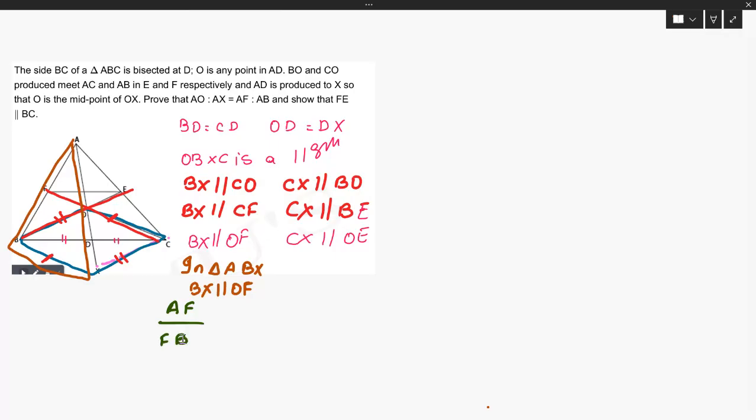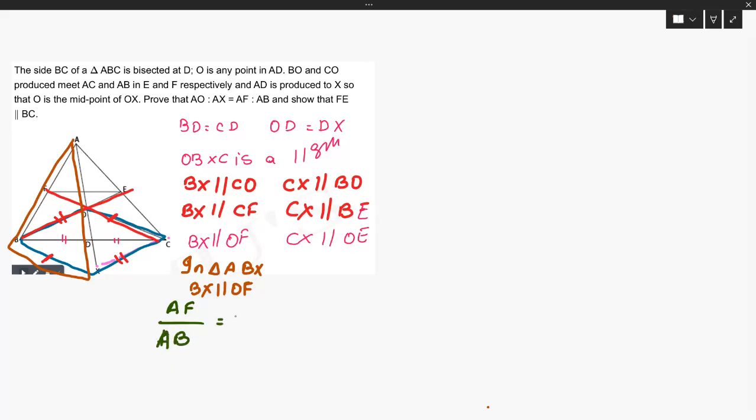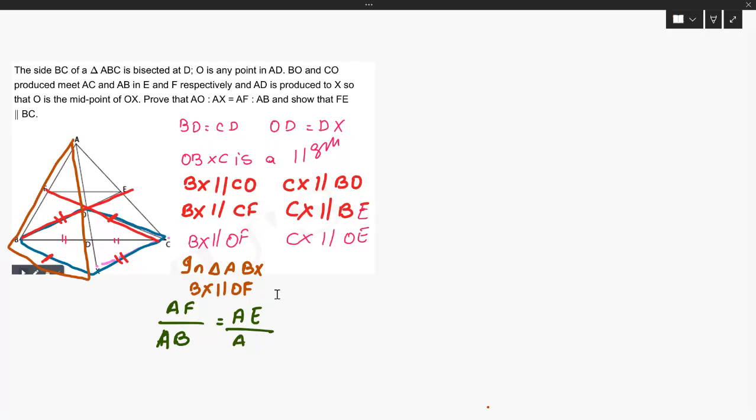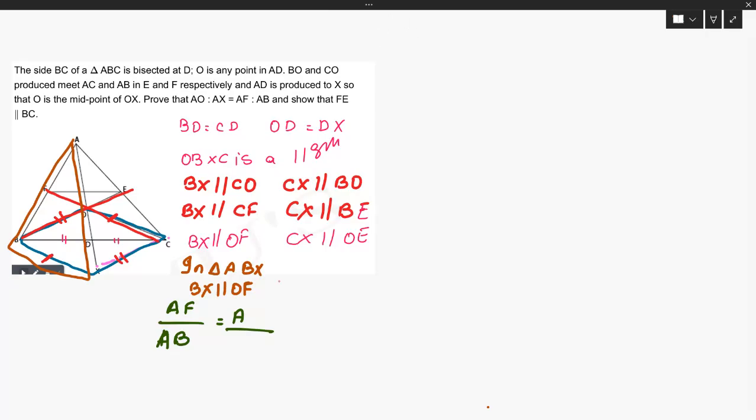AF upon AB is equal to AO upon AX. This is the basic proportionality theorem. Here, in triangle ABX, AO upon AX is equal to AF upon AB.